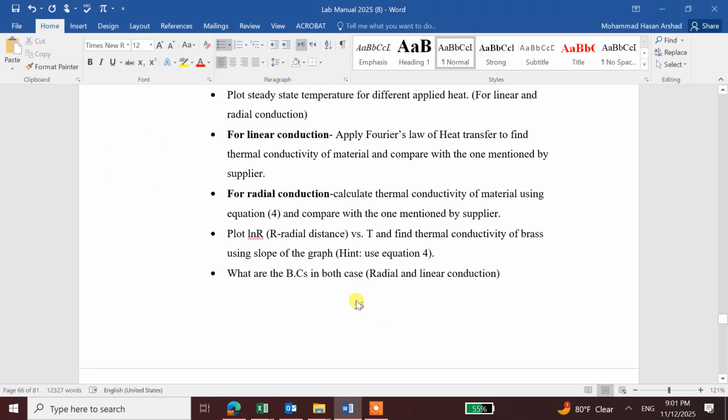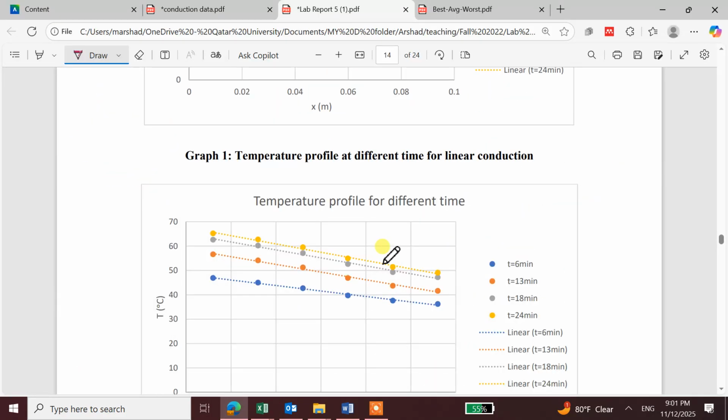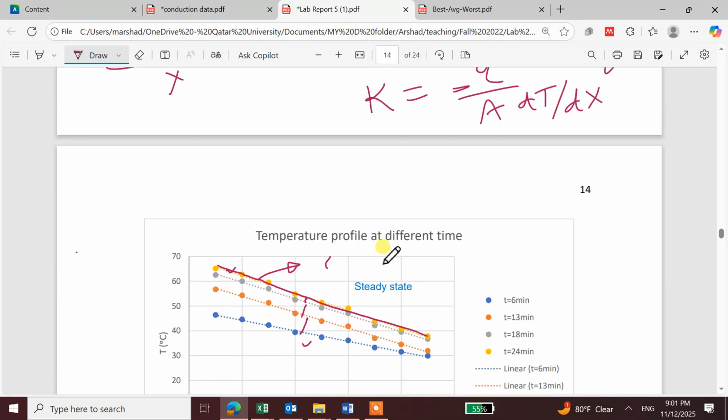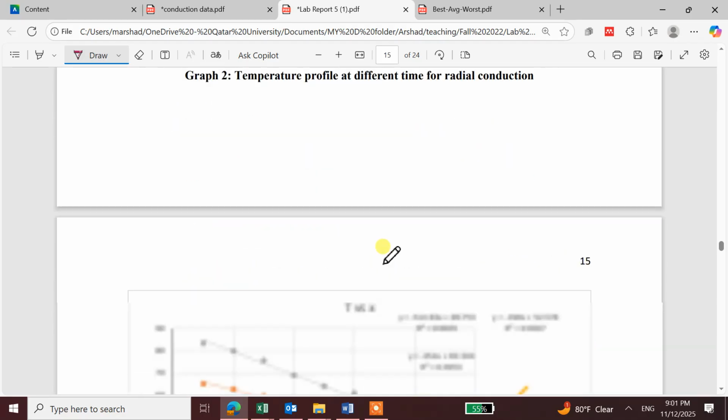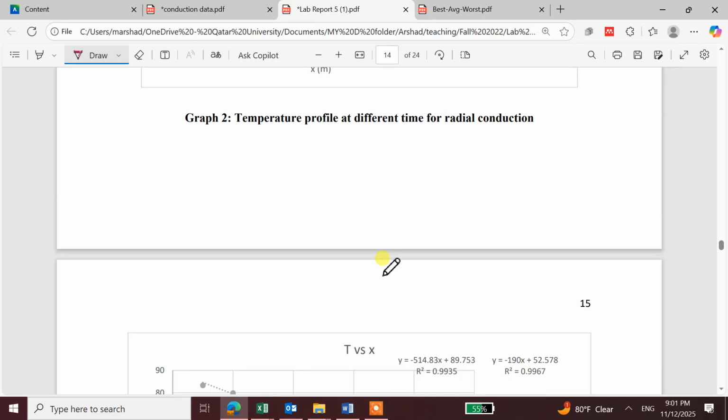Then radial. Just to make sure that you know what we are doing in radial: we have an inner cylinder, and we are heating at this point, and then we have an outer cylinder. So heat will be conducted in this direction.